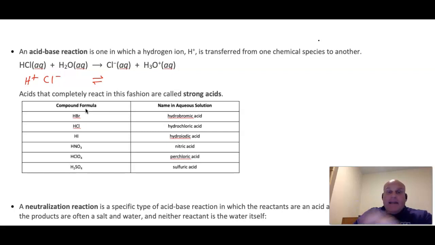Okay, so right now I'm just going to focus on strong acids and that complete dissociation. So what you see happens here is the transfer of a hydrogen from the HCl to the water and the production of the hydronium ion. When we get to acid-base chemistry, we'll talk a lot more about the significance of the hydronium ion.